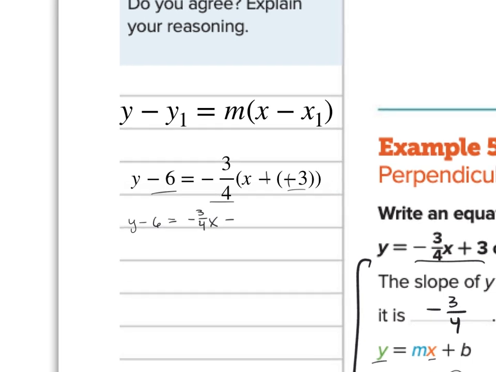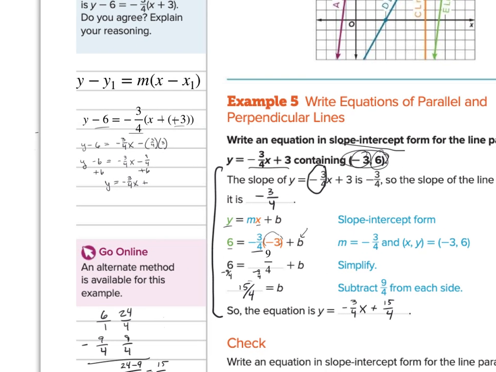I need to multiply these two things together, which is, I'll just put it here so we see it, 3/4 times 3. So that is negative 3/4 x minus 9/4 equals y minus 6. Add 6 to both sides, and then y is equal to negative 3/4 x plus, and then there's that 15 over 4.